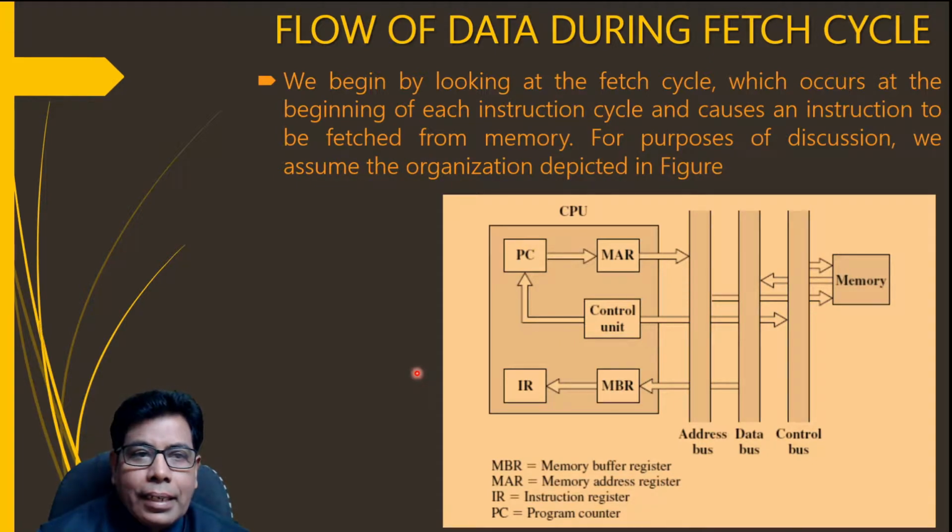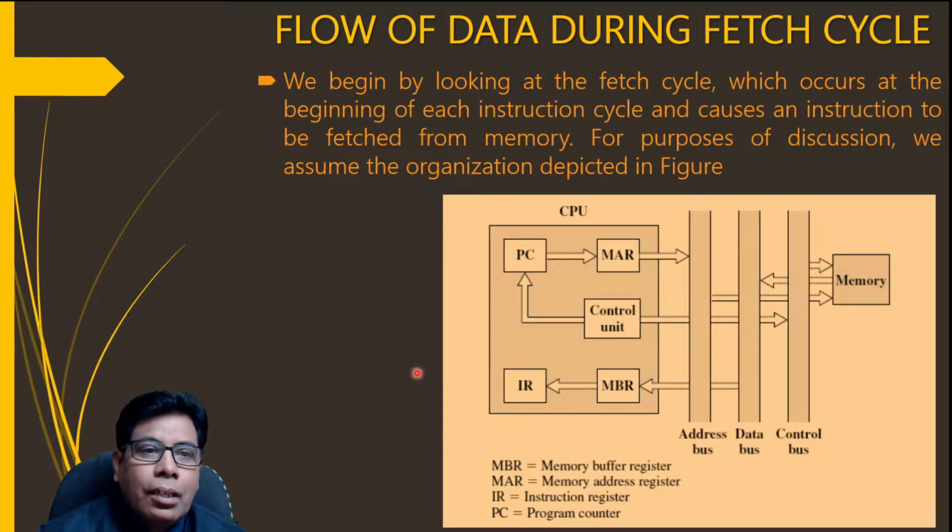It occurs at the beginning of each instruction cycle, because for executing any instruction, first we have to fetch it. The fetch cycle will cause the instruction to be fetched from memory and loaded into the processor.